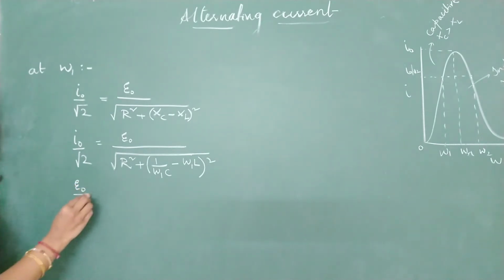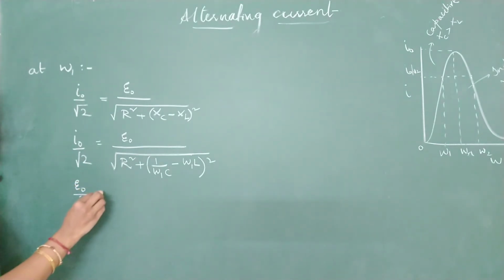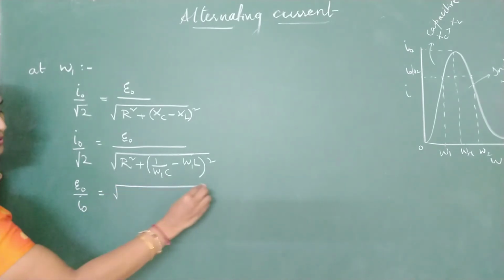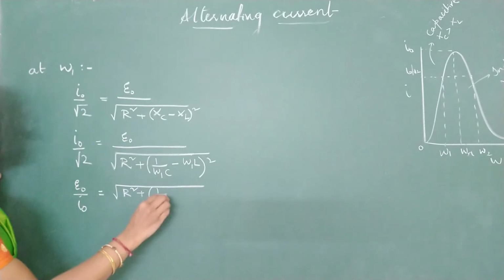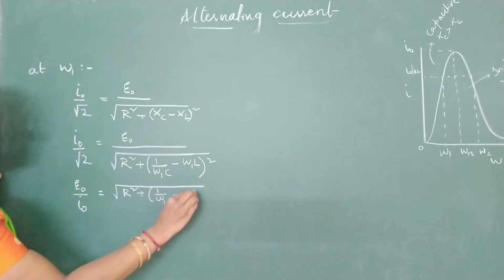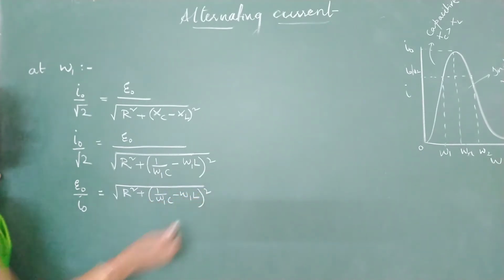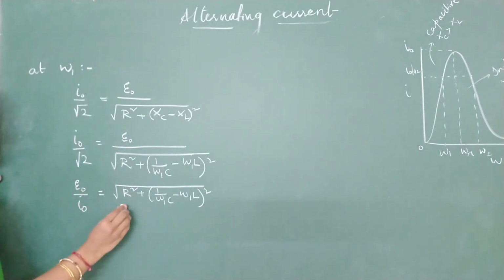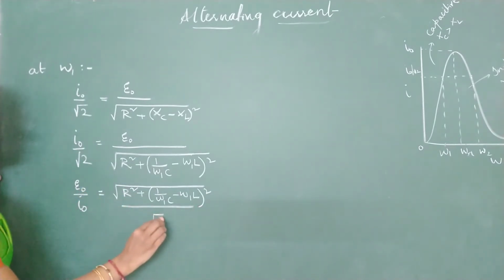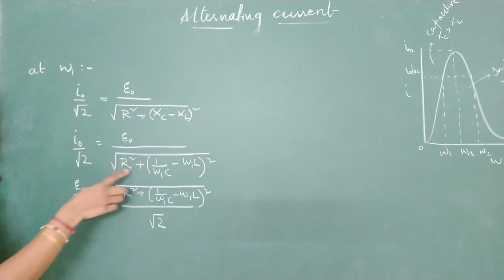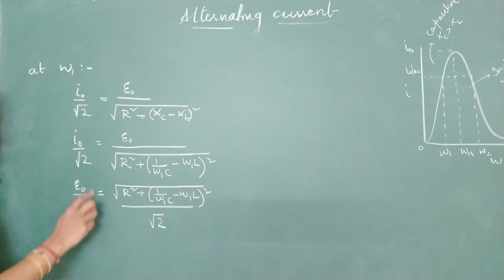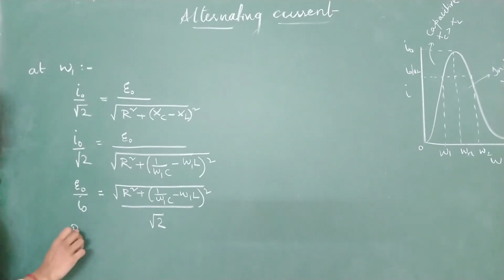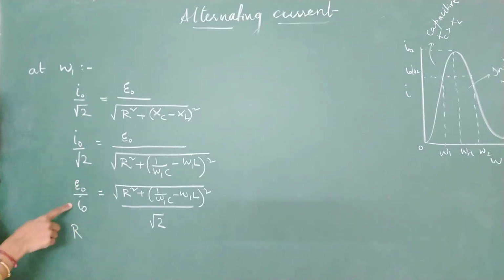So E0 by I0 is equal to under root R square plus 1 by omega 1c minus omega 1L whole square, divided by root 2. See, I brought E0 and I0 together. This would be this term divided by root 2. Since E0 by I0, at the peak value, is equal to resistance, I will call this capital R.